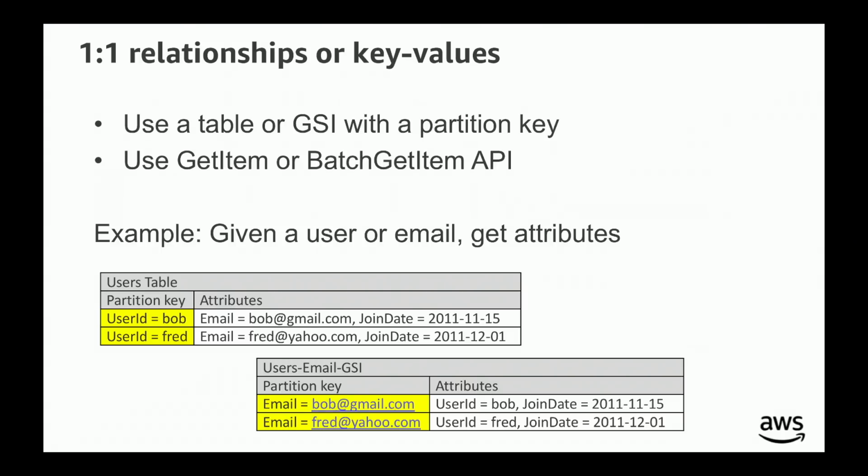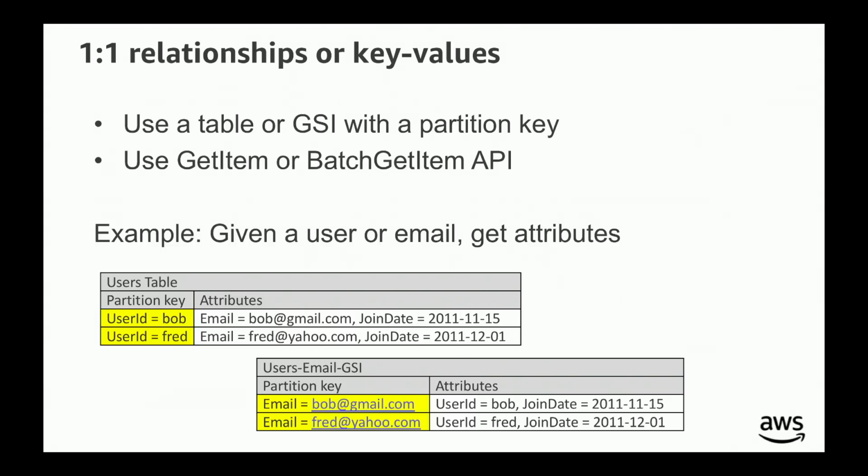Right. The other piece is that you could potentially use a global secondary index to model key-value relationships. For example, if you had a primary table called a users table, you could potentially have a user email global secondary index. In this case, the email is the partition key in the global secondary index.